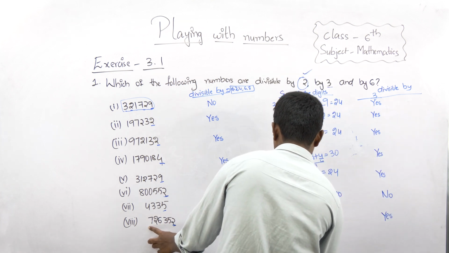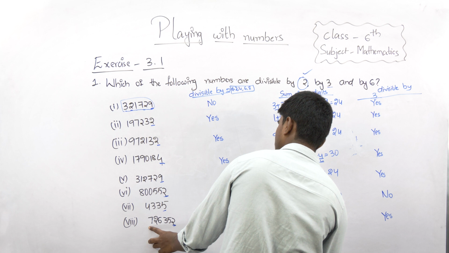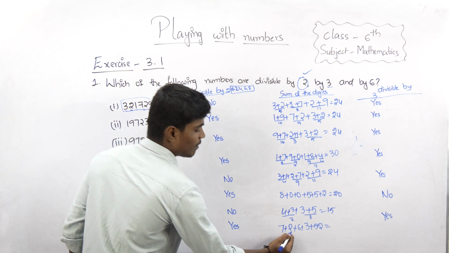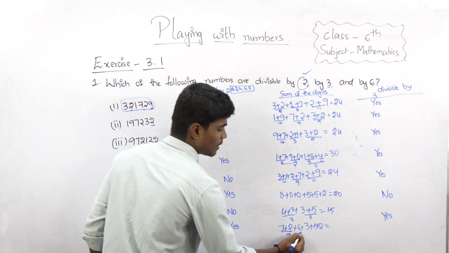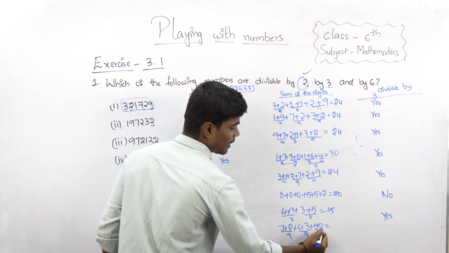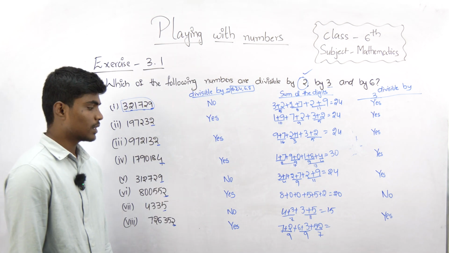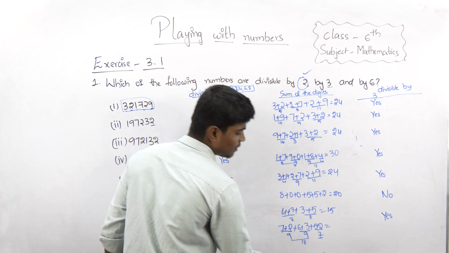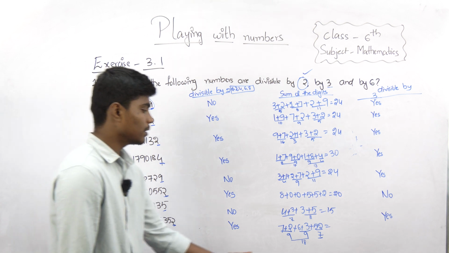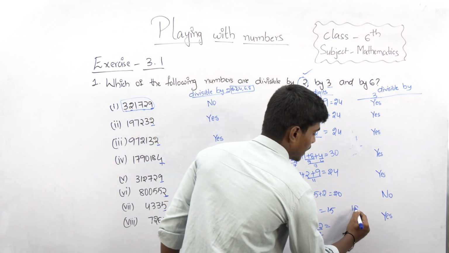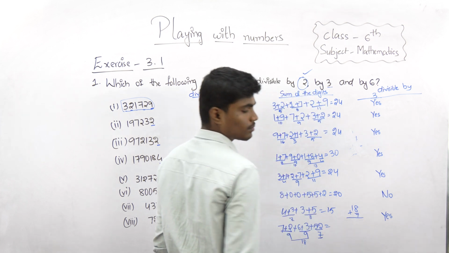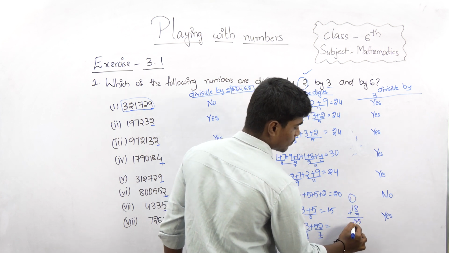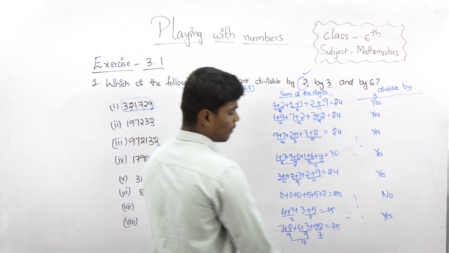So 7 plus 2 plus 6 plus 3 plus 5 plus 2. 7 plus 2 is 9, 6 plus 3 is 9, 5 plus 2 is 7. 9 plus 9 is 18, 18 plus 7 is 25. So the answer is 25.